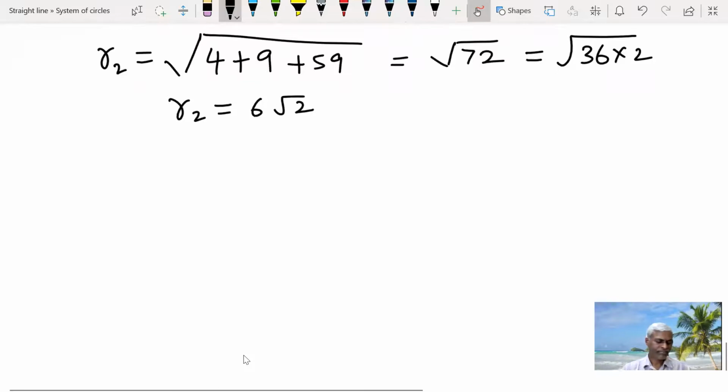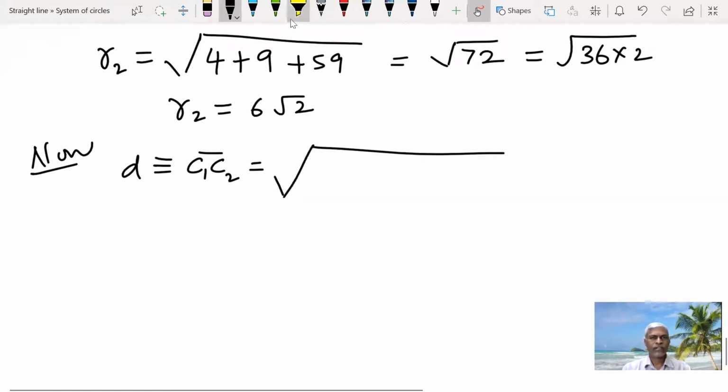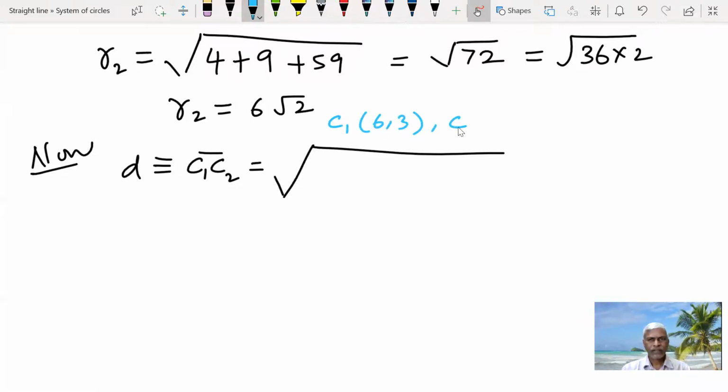Now the distance between two centers, so D is the distance between two centers. So center C1 is 6, 3, C2 is minus 2, minus 3.